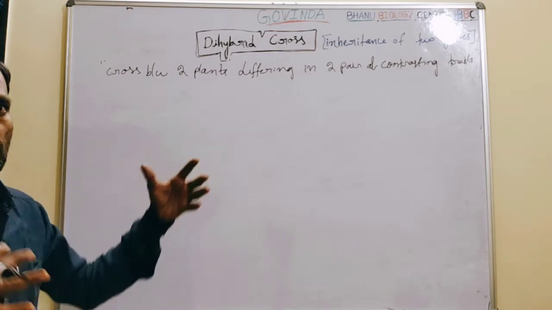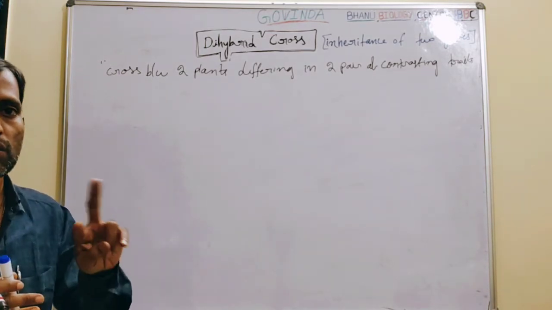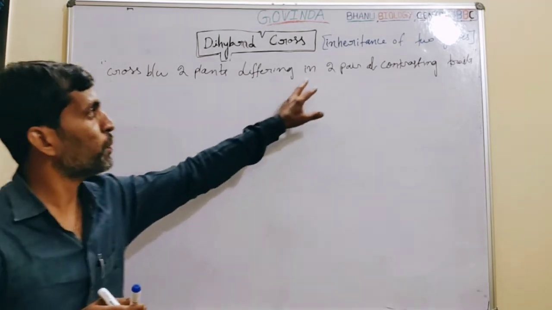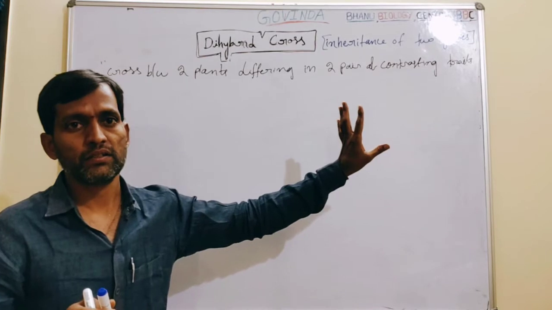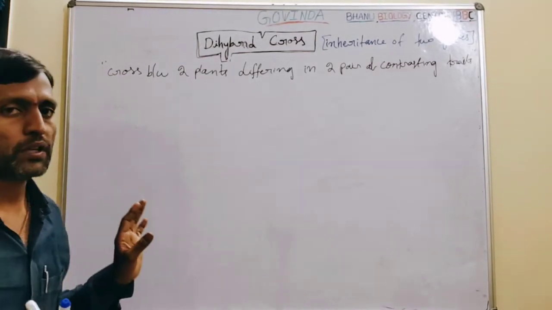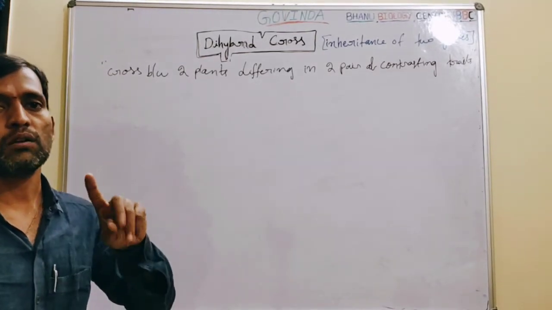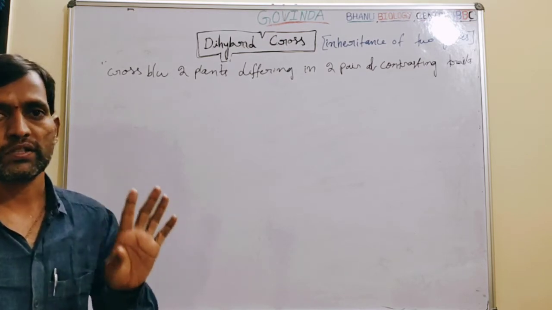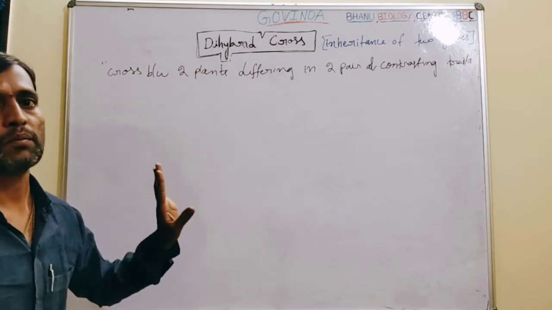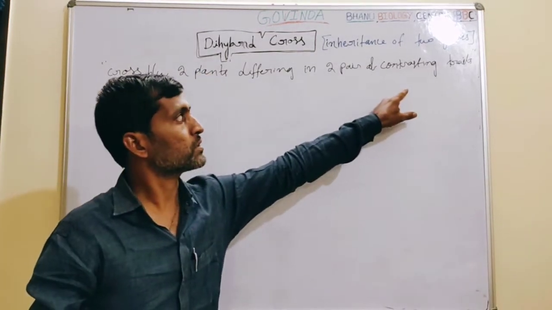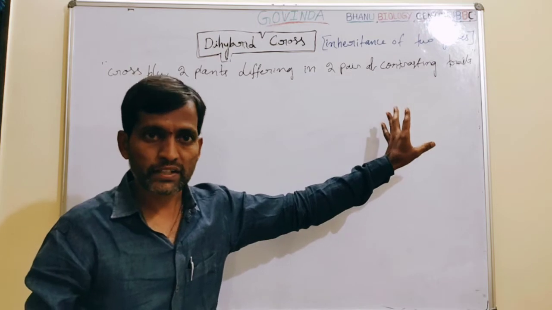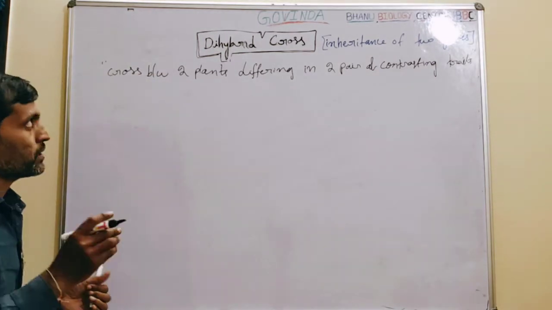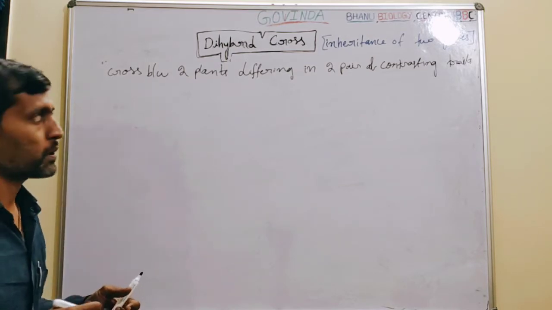When the cross is made between two different plants differing in two pairs of contrasting traits, this is called a dihybrid cross. In the monohybrid cross, Mendel selected two plants differing in only one pair of contrasting traits, but in the dihybrid cross, two pairs of contrasting or opposing traits are selected for the experiment.